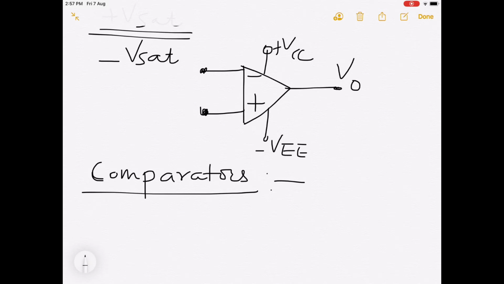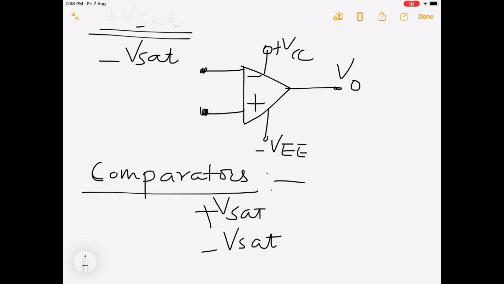Now, an op amp comparator compares an input voltage signal with a known voltage called the reference voltage. In its simplest form, the comparator consists of an op amp operating open loop, and when fed with two analog inputs, it produces one of the two saturation levels, as I told you, that is plus Vsat and minus Vsat.